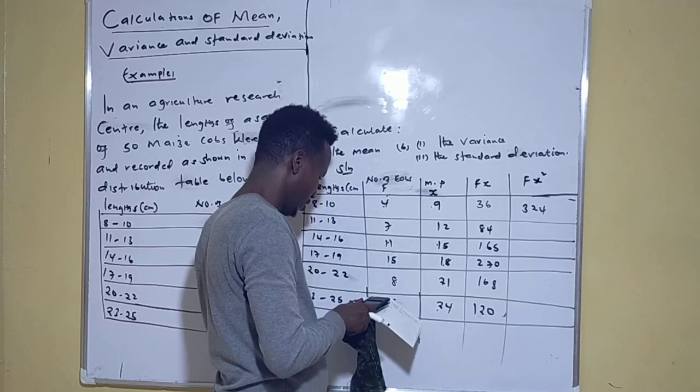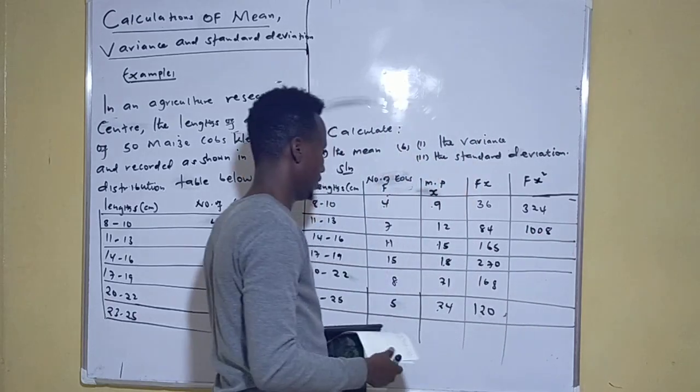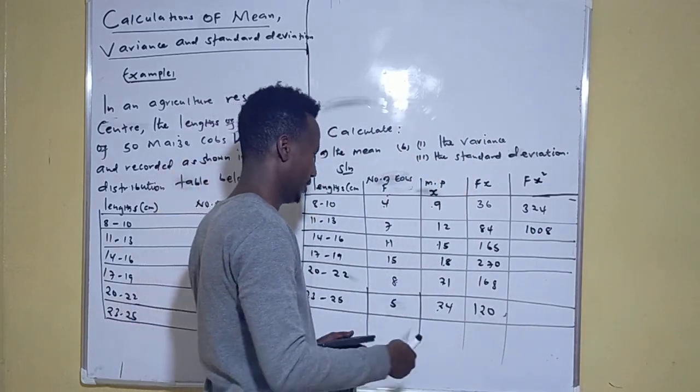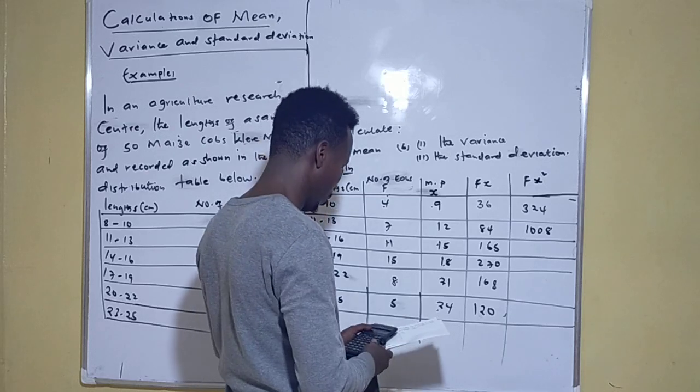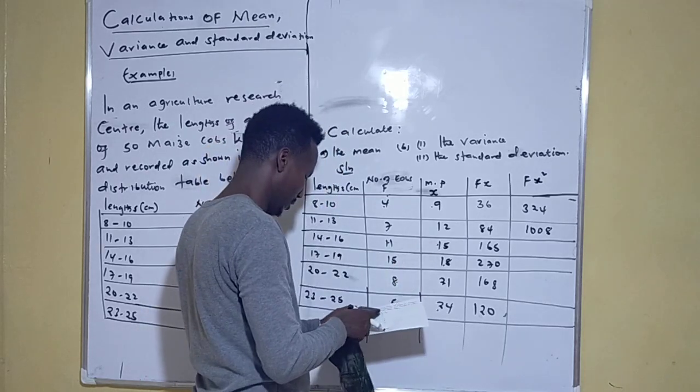Multiplied by f, that will give us 1008. Then the next one will be 15 squared times 11.